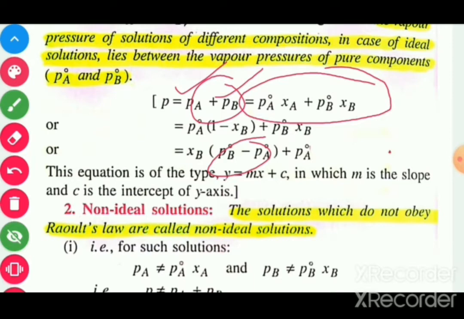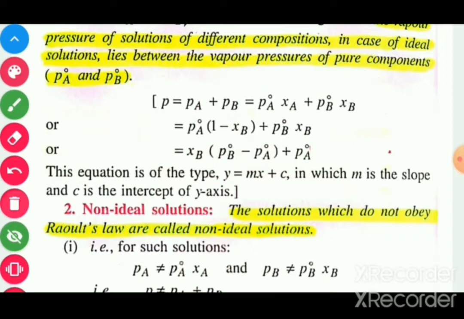As you know, the mole fraction of solute plus solvent is equal to 1. Therefore, in place of XA, the mole fraction of solvent, we may take 1 minus XB.